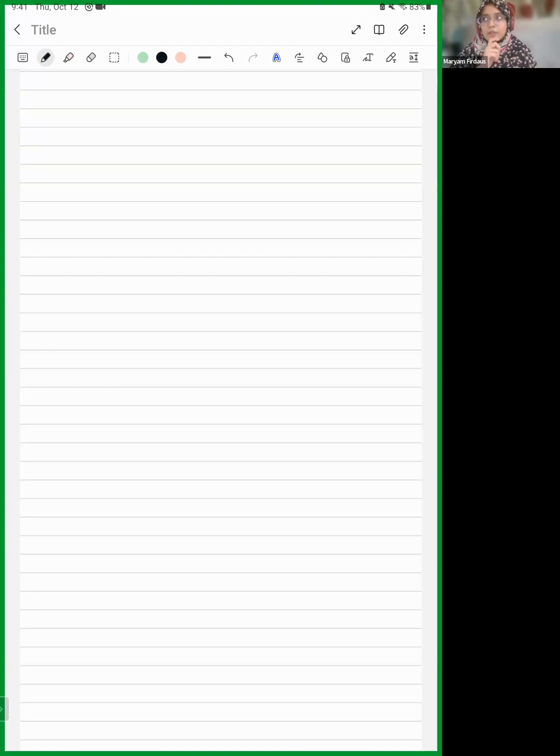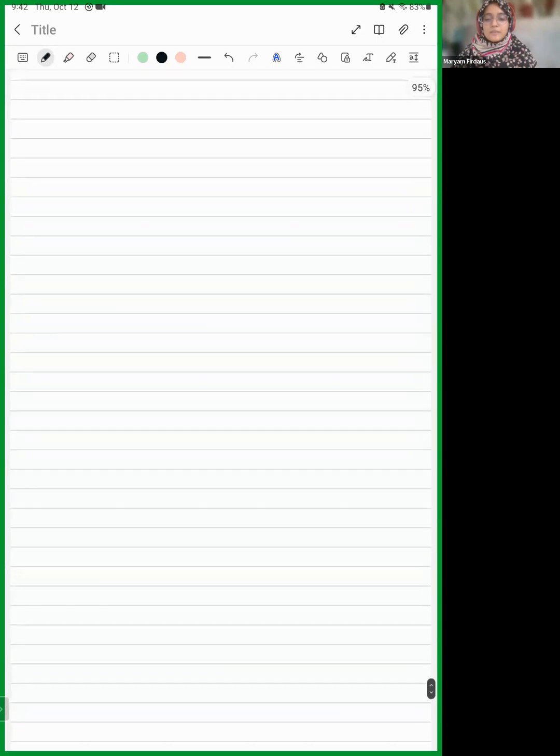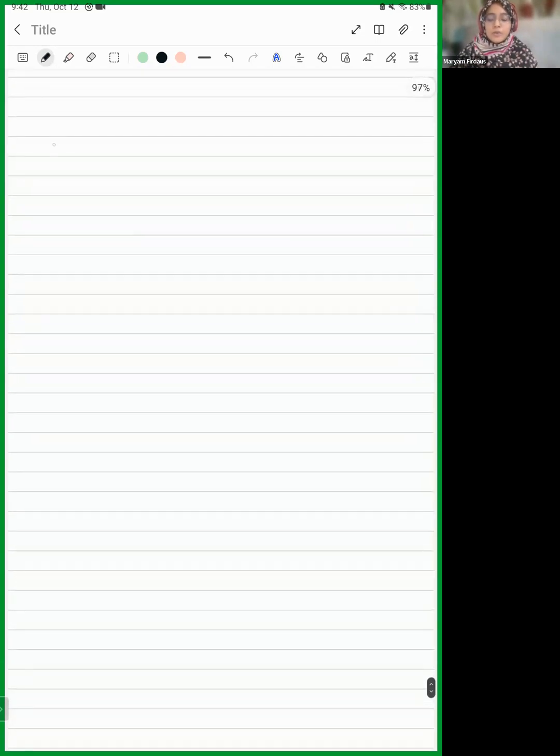Secondly, there's a proper way of writing maths. For example, in English you have formal letter and informal letter, you have a format for that. Similarly, in math, we have formats. No one tells you this, but it's conventional. When you write a statement, in one line there should be only one equal to sign.